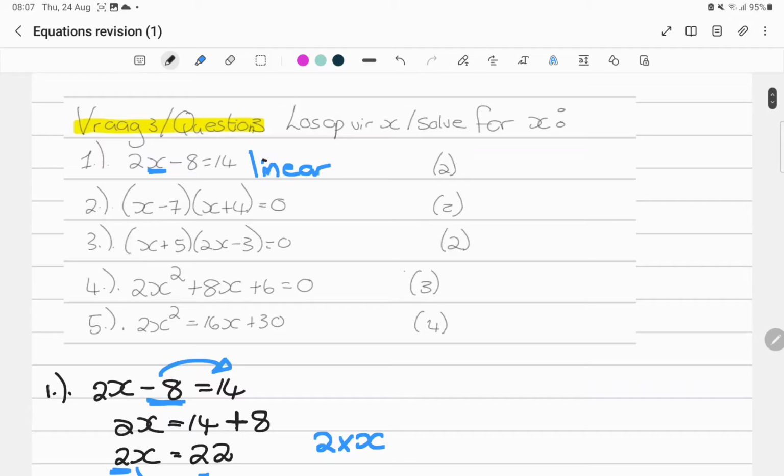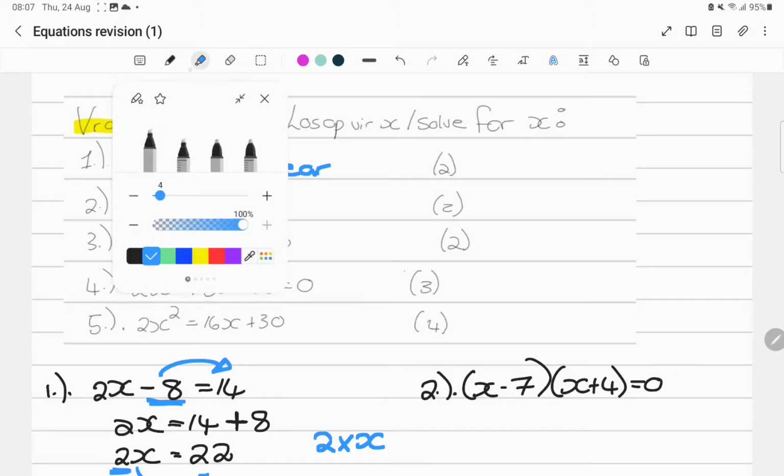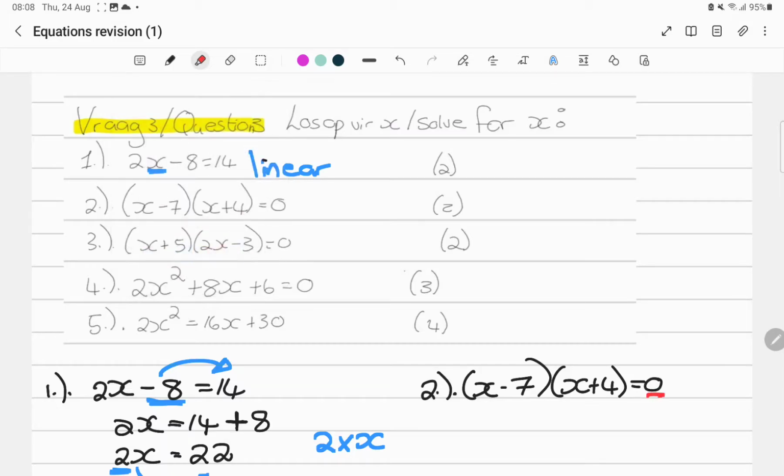So when I have a quadratic equation, it means that I either have to factorize or things have already been factorized. So in a question where you get brackets, alright, so I have x minus 7 in a bracket, x plus 4 in a bracket equals 0. If you only have brackets and your right hand side is equal to 0, it means this thing has already been factorized.